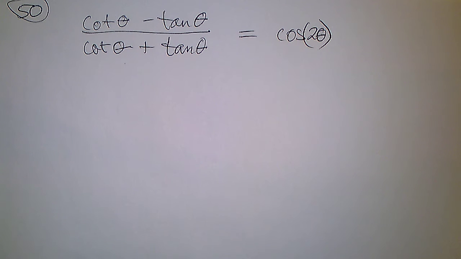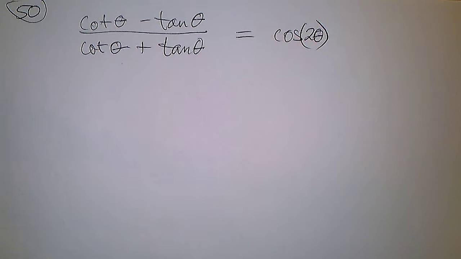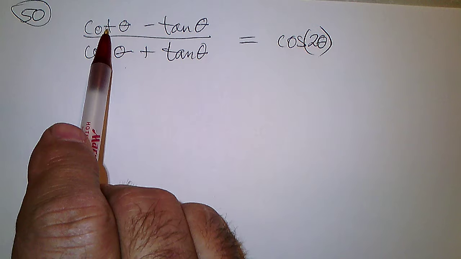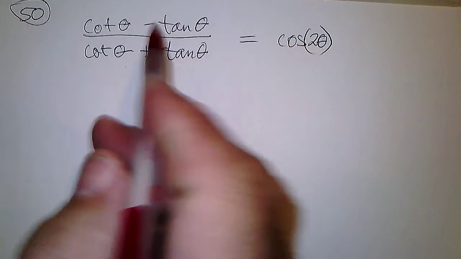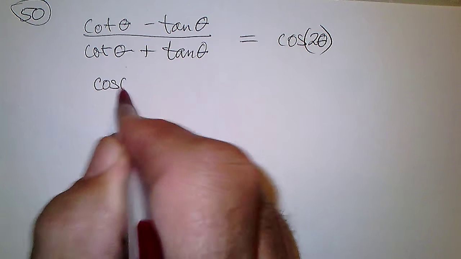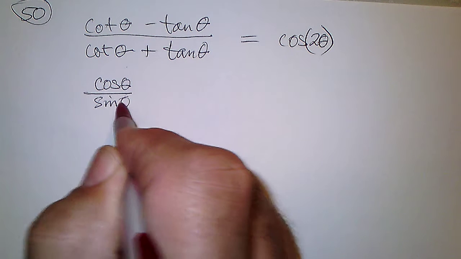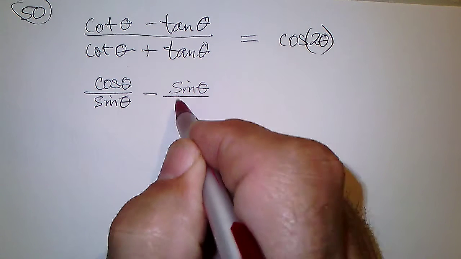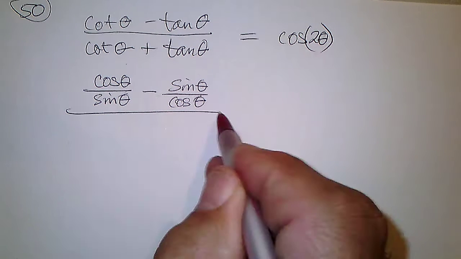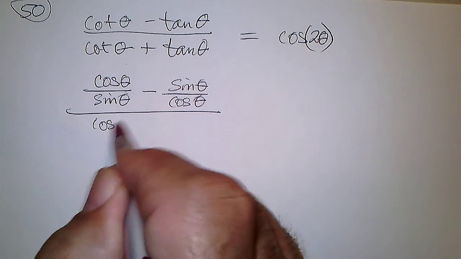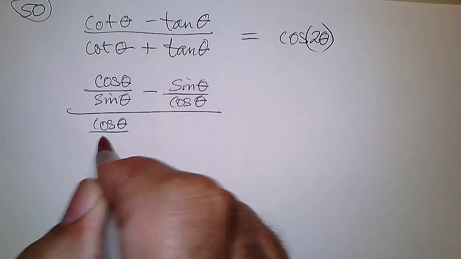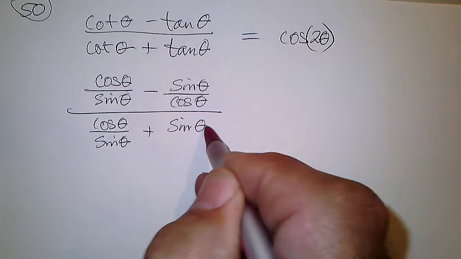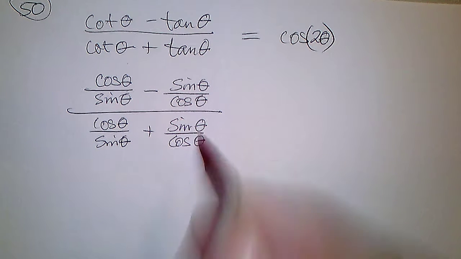So we got to establish this. Okay. All right. So the common denominator for these two, if I change these, this is going to be cosine theta over sine theta minus sine theta over cosine theta all over cosine theta over sine theta plus sine theta over cosine theta.